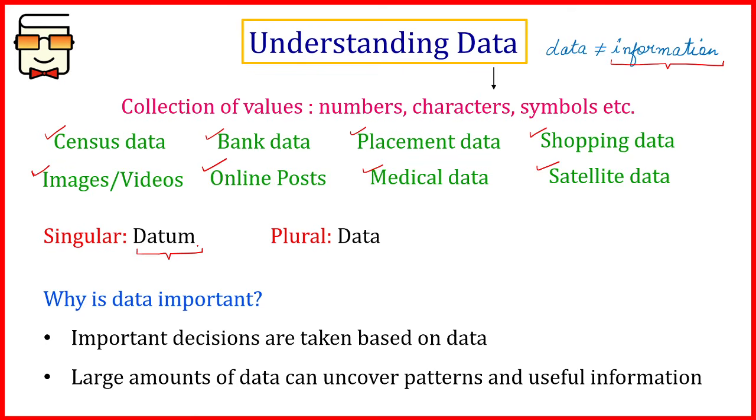Now we must know why data is important. As I mentioned, when we have a large amount of data, we can uncover useful patterns from it, and those patterns can help us derive useful information. And when we have information, we can take important decisions.